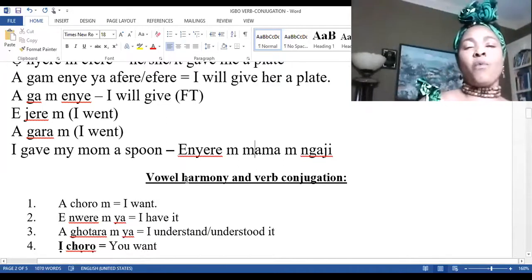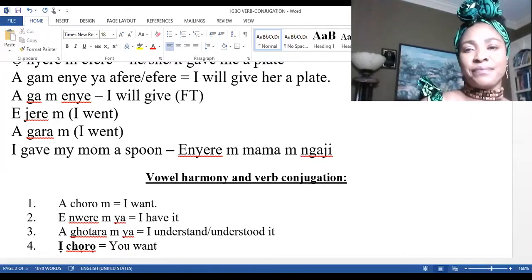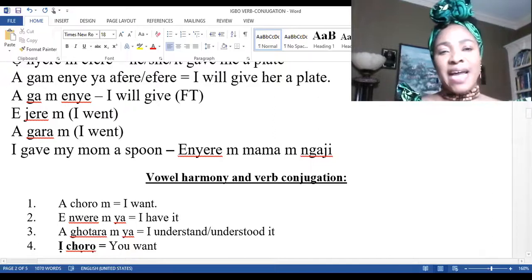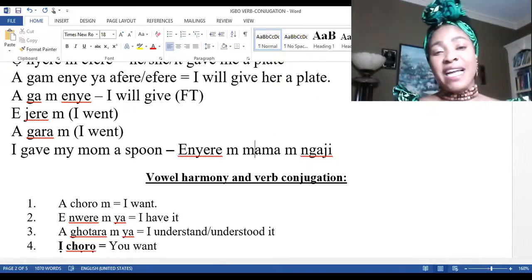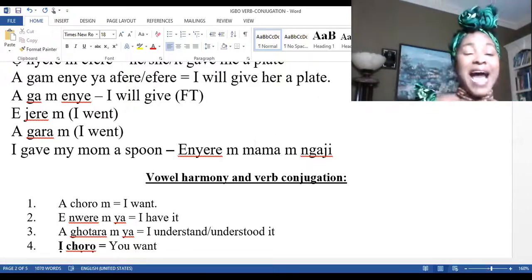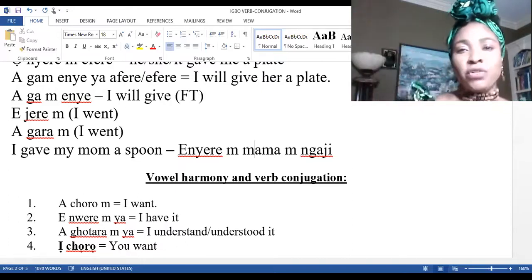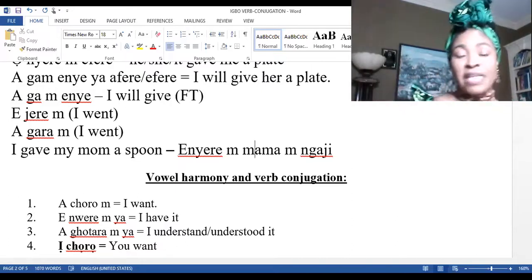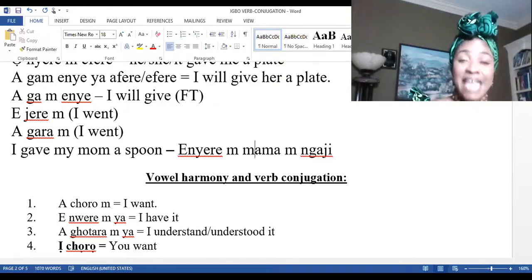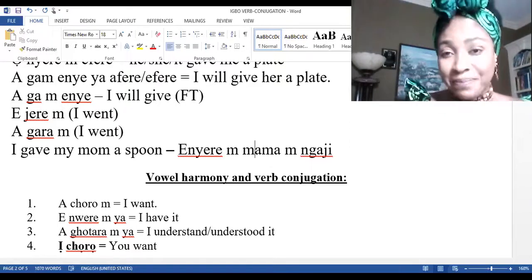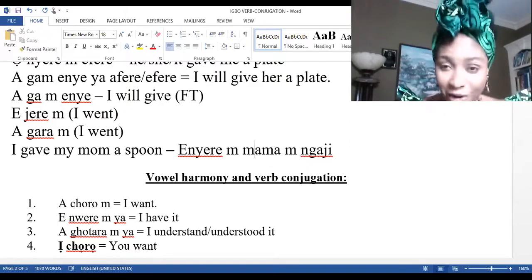And then when you're trying to harmonize, you want to harmonize the vowel harmony and the verb conjugation. Achorum, I want. Oh, Ugonna, do you want to go to a mall? Ugonna, chorega mall? Yeah, achorum.